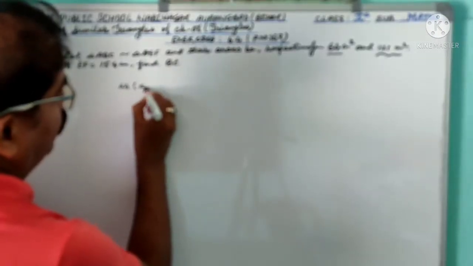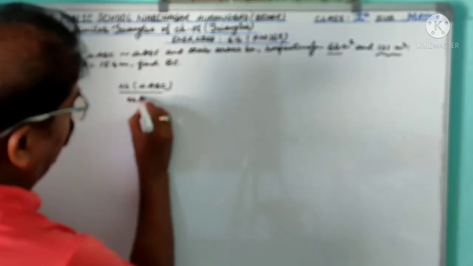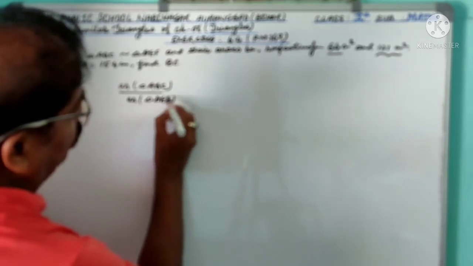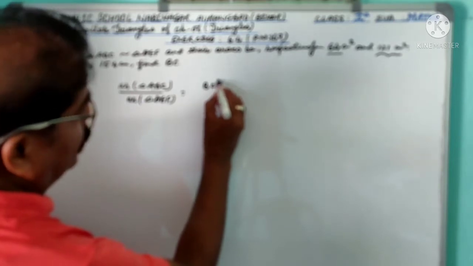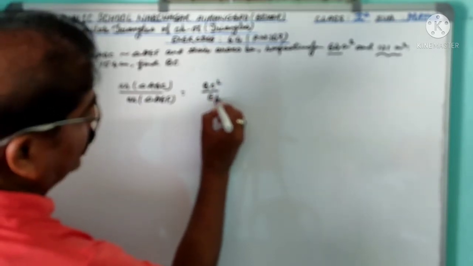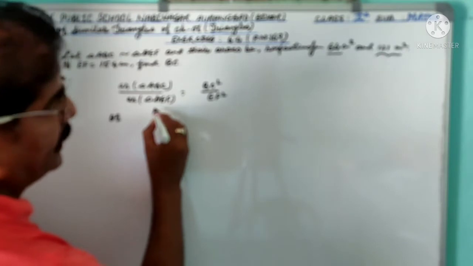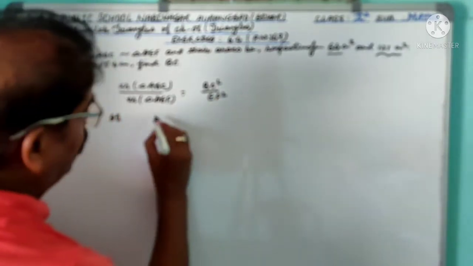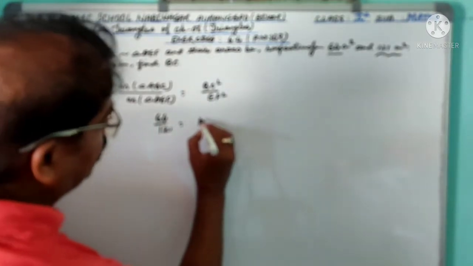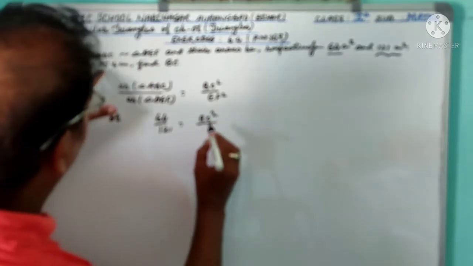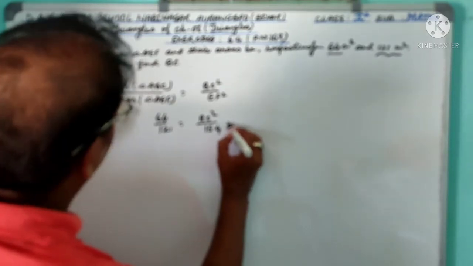So area of triangle ABC by area of triangle DEF equals BC square by EF square, or area of ABC by DEF equals 64 by 121, and EF equals 15.4 centimeter.